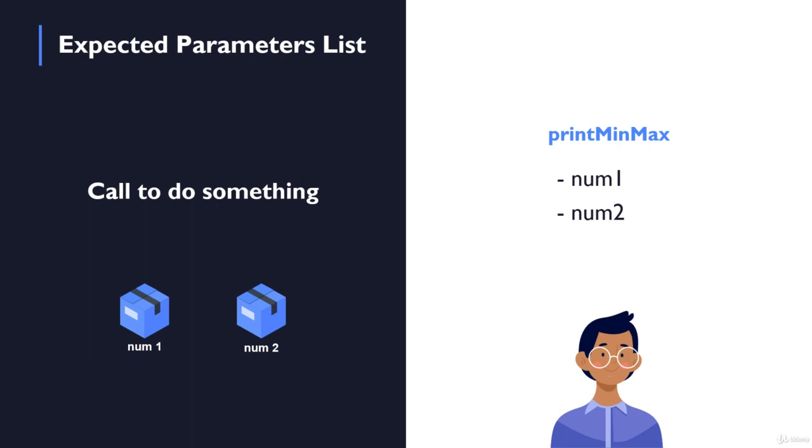So to summarize it, every function may include multiple parameters that it will expect to receive once somebody calls it. And this list may also be empty, meaning no parameters at all, and that's okay, it's not mandatory. We may pass a couple of parameters and we may also not send anything. That's fine. A function does not necessarily have to have a list of parameters, but it may have it.